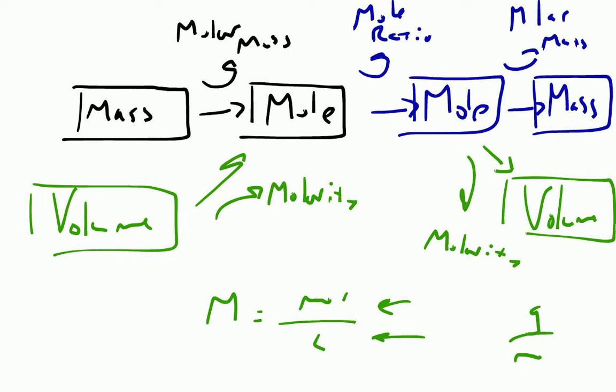Well, since it has two units, we can use it as a conversion factor to convert from one unit to the next. And molarity is no different. You can use it to convert from volume to moles, or if you know the moles, you can use it to convert from moles to volume. And so I'm going to take you through a couple of problems here today.